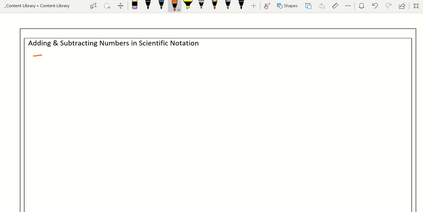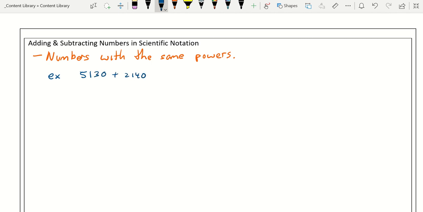First thing we want to think about are numbers with the same power. Let's try numbers with the same powers first. What do I mean by that? Well, let's take 5130 plus 2140.